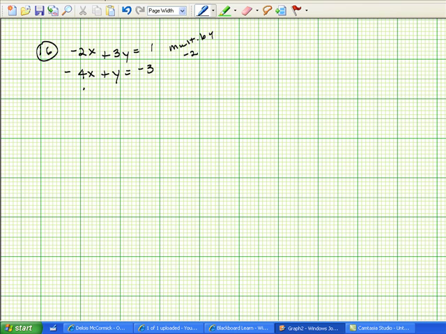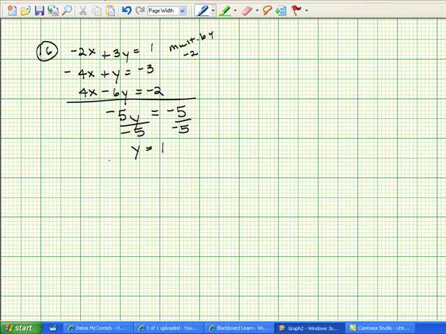Okay, now if I add, I get negative 5y equals negative 5. Divide by negative 5. Y is negative 1. Okay, so using the first equation, negative 2x plus 3 times negative 1 equals 1.